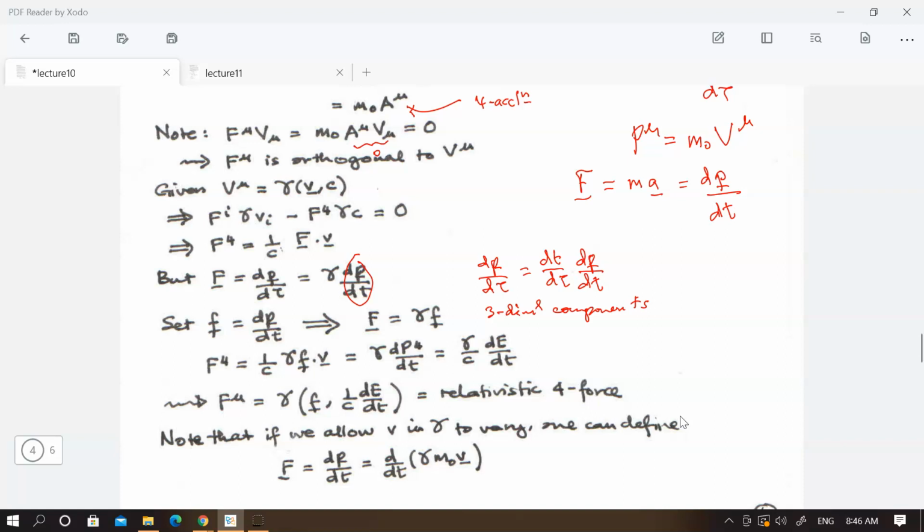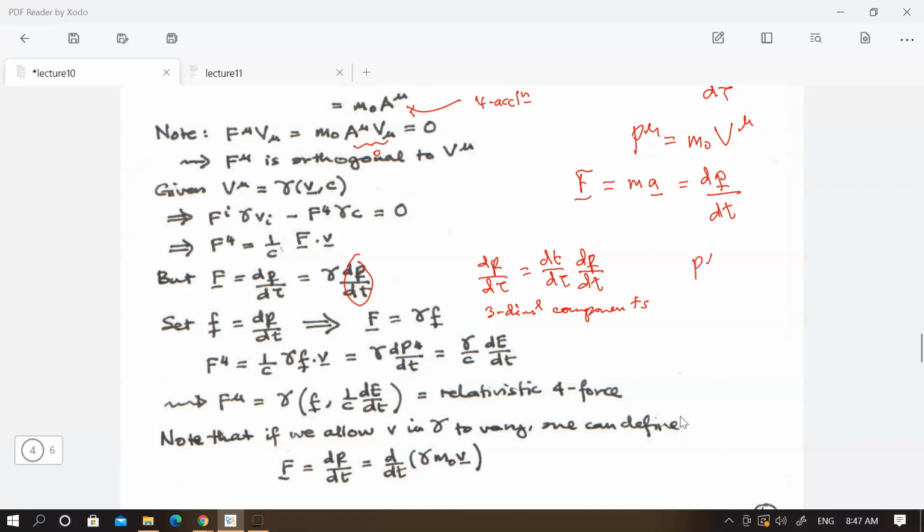I will have 1 over c, gamma f, dotted with v, and this is essentially gamma dp4 dt.